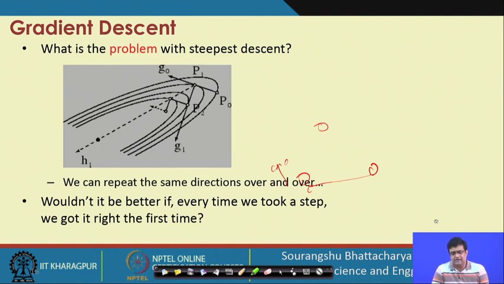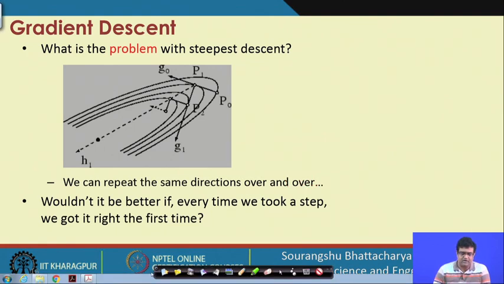Now, the gradient descent algorithm has a problem. What is the problem? The main problem is that at a given point, even though the gradient direction gives the direction of steepest descent, for example at this point it is pointing in this direction, the actual optimum is in another direction.